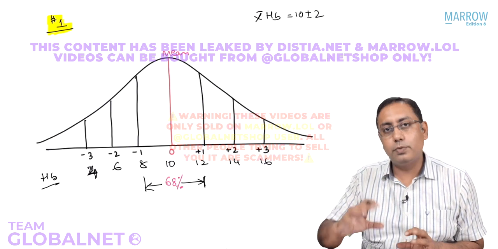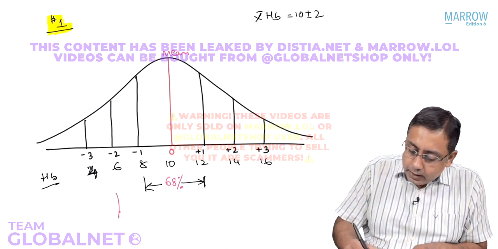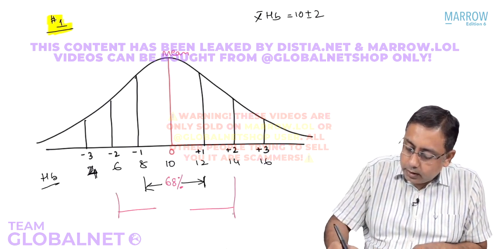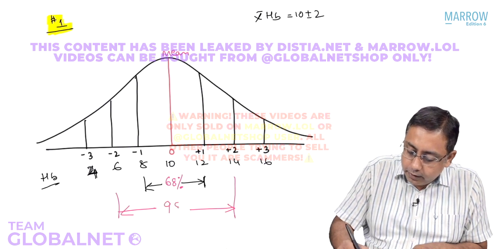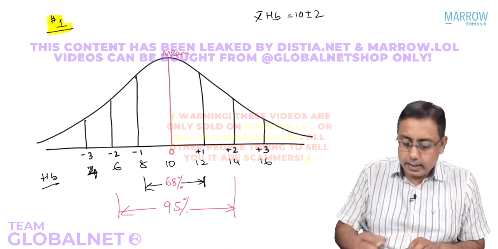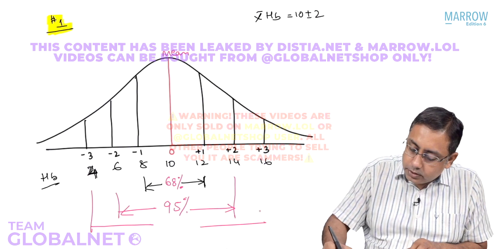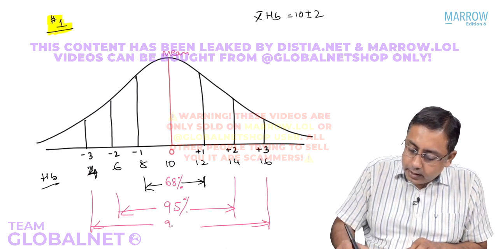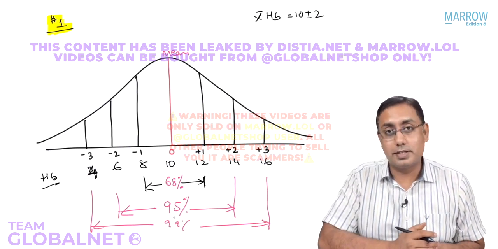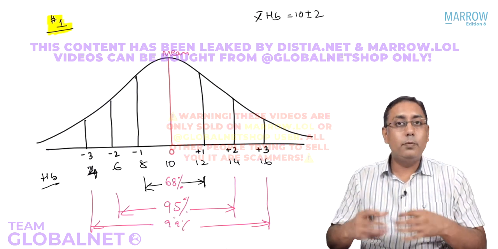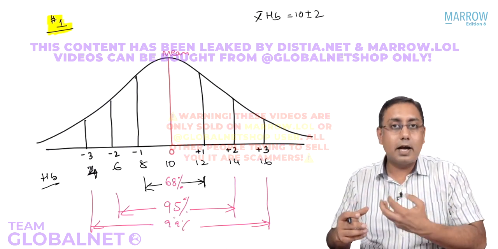It is usually seen that between minus 1 and plus 1 standard deviation, 68% of the population will lie. Between minus 2 and plus 2 standard deviation, 95% of the population lies. And between minus 3 and plus 3 standard deviation, 99% of the population lies. You can't ask me why it happens, but it's a fact that we have seen.